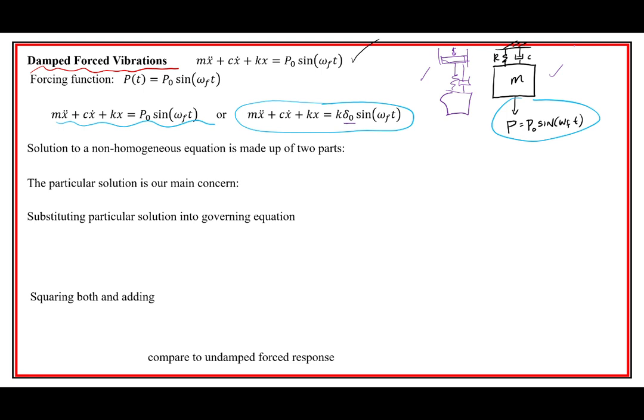All right, so here is what we have to do: solve for x. We need the complementary part, and we need the particular part, because this is a non-homogeneous differential equation because it doesn't equal 0 over there to the side.